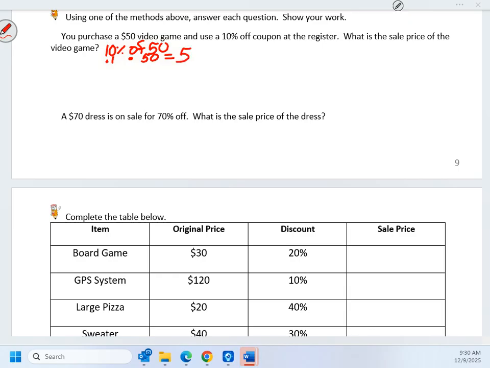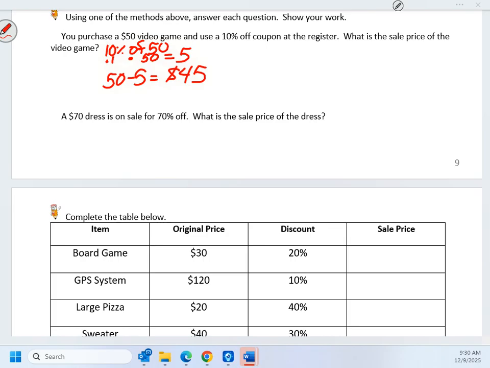So what's my second step? What do I do with that 5? Look back up at those examples of the phone, jeans, and DVD. What do we do with that 5? Moses? Subtract 5 from 50. Yeah, I take that original price of 50 and I subtract away the 5, and I get a 45. So the sale price is $45.